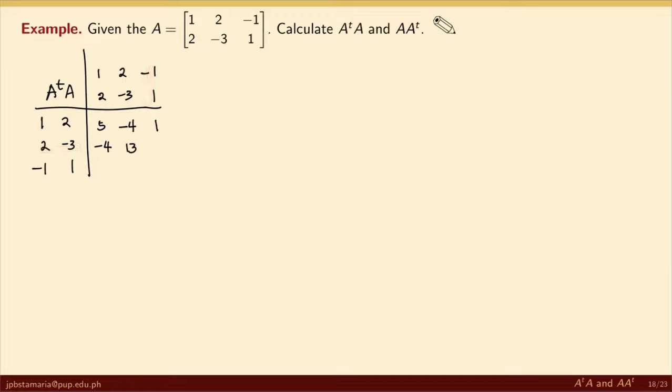Negative 2 minus 3 is negative 5. Hopefully it's correct. Negative 1, third row, first column, negative 1 plus 2, it's 1. Third row, second column, negative 2 minus 3 is negative 5. And third row, third column, 1 plus 1, it's 2. So this means A transpose A has to be the square matrix.